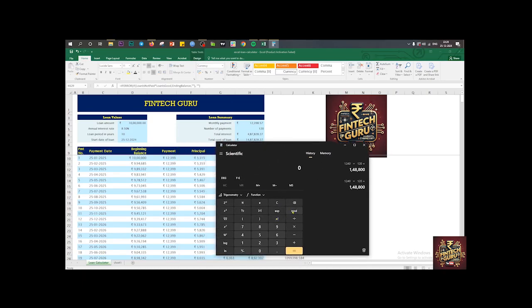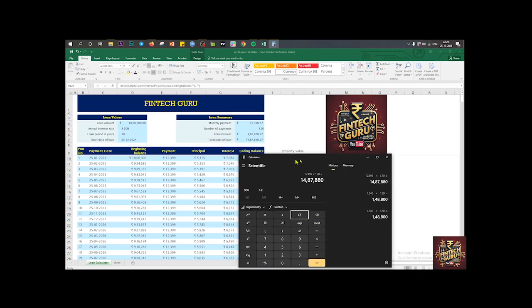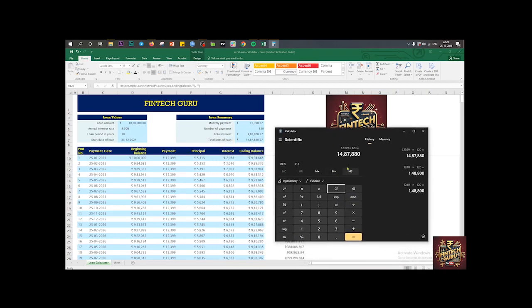See, 12,399 into 120 equated payments. So your total contribution is 14 lakhs 87,880. See, you are taking away that money and putting it into a jar. It will be accumulated to this much.